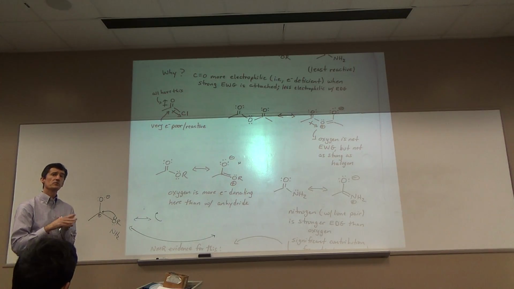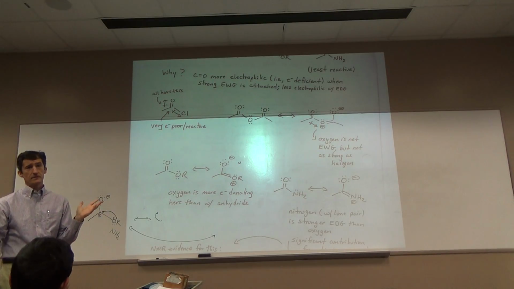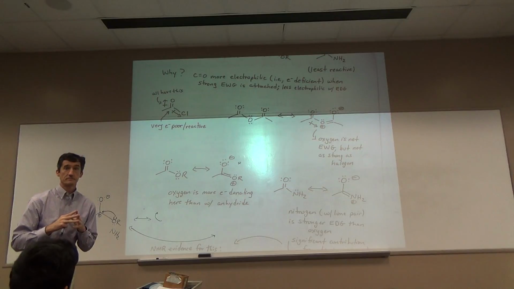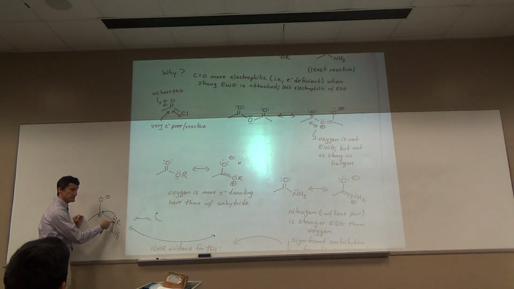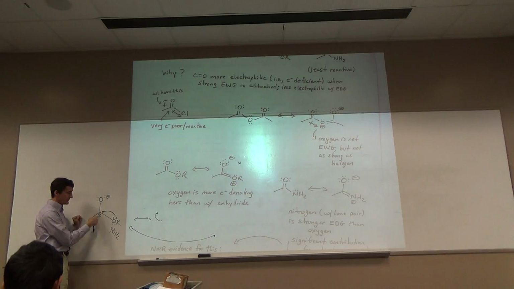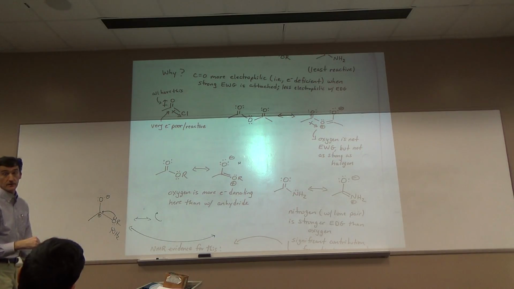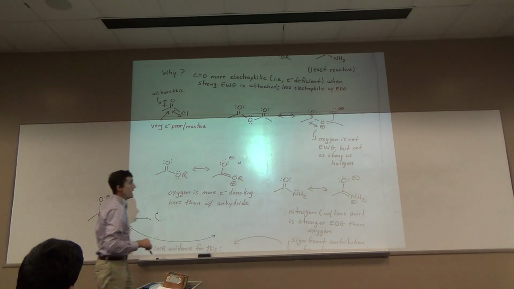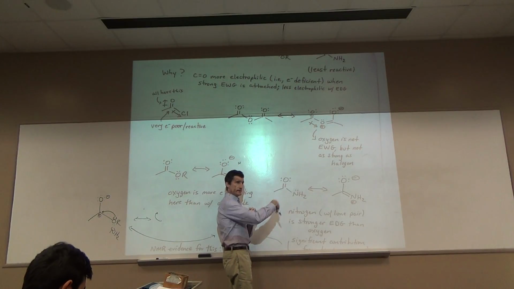Who's more willing to lend you money, a very greedy person or someone who says, I don't care, take my money? The greedy person isn't going to want to lend you much. The greedy oxygen, which is more electronegative, doesn't want to donate as much. The nitrogen says, take my electrons, compared to the oxygen. There's the least partial positive here in the amide because the nitrogen is quenching it, giving it the electrons.